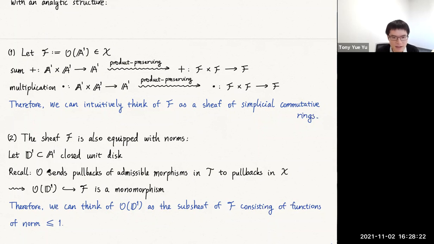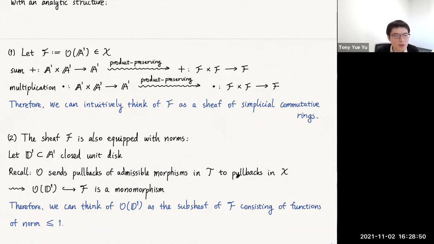This implies that, since this inclusion is also an étale map, by functoriality we get a map from O(D^1) to F, which is O(A^1).